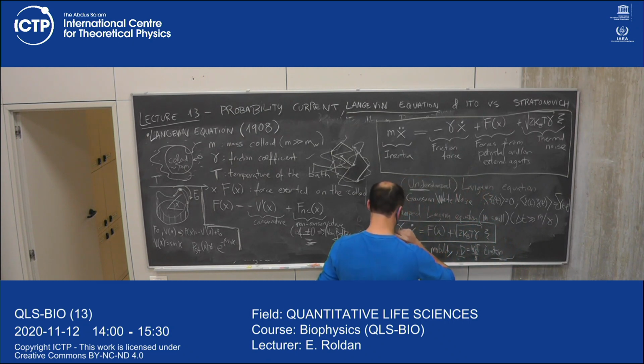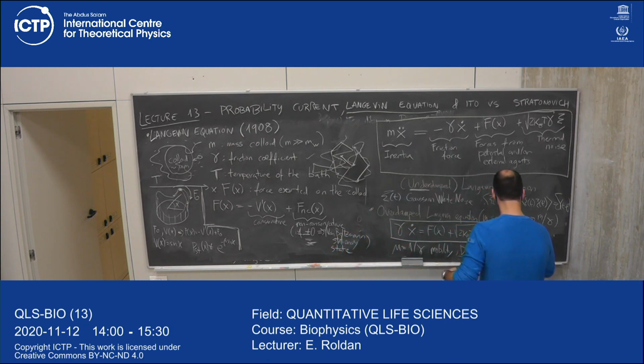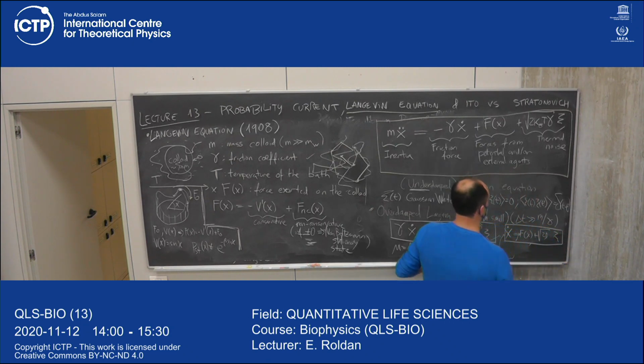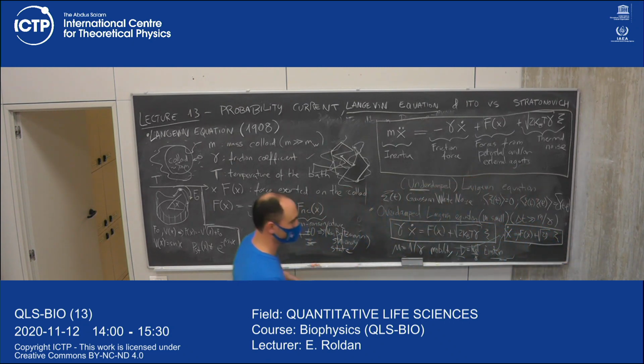I use these two equations to write it this way: x dot equals mu f of x plus the square root of 2D noise. This is one way of writing it. This is also the Langevin equation.